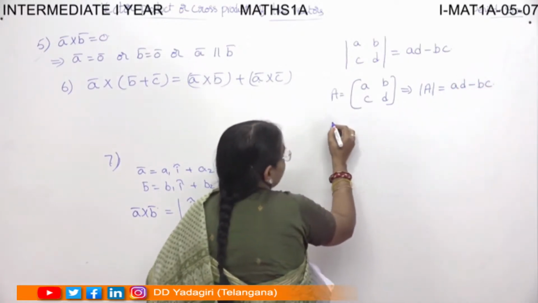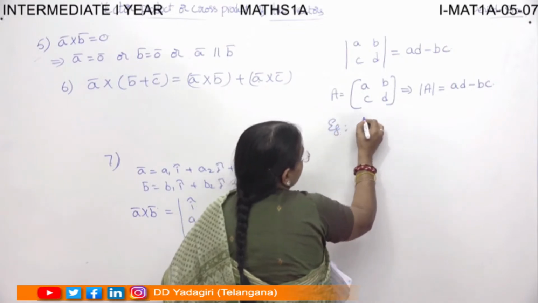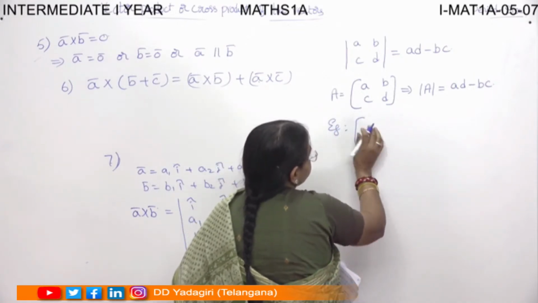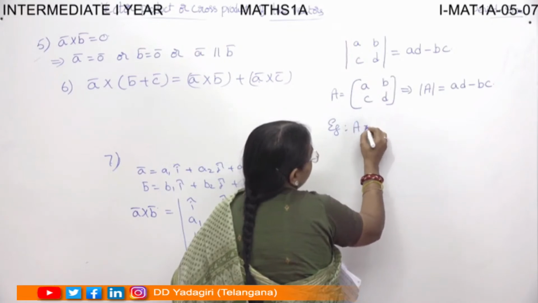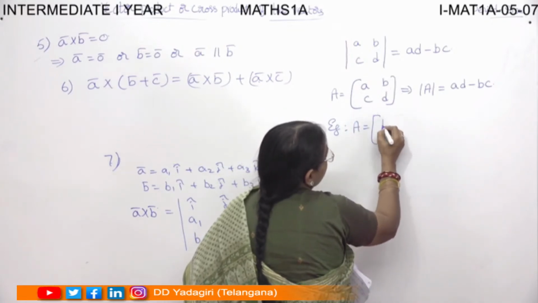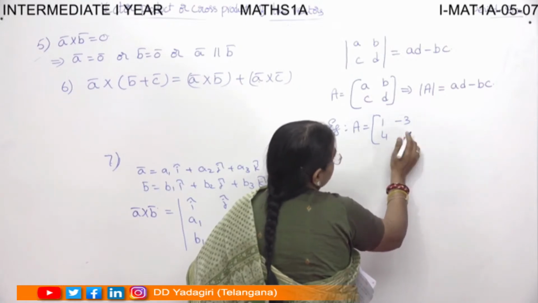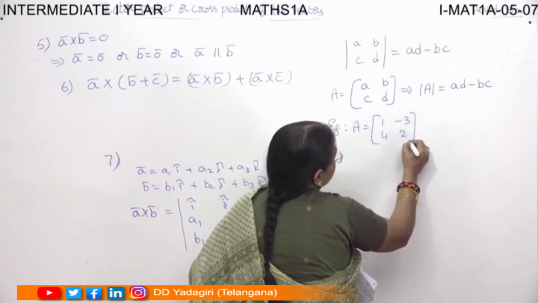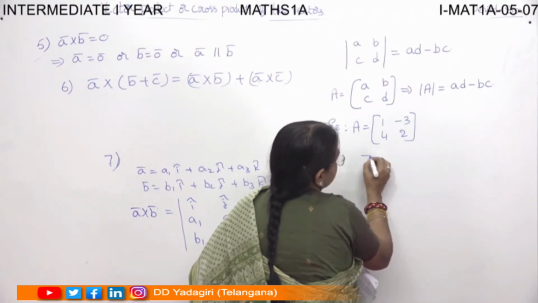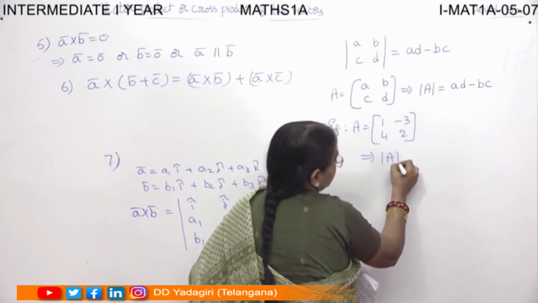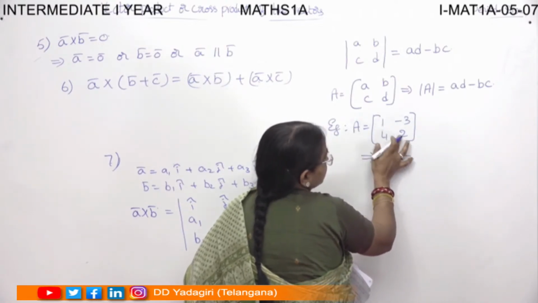Okay. Now we'll take one example. Suppose I have a matrix A as 1, minus 3, 4, 1, 4, 3, 2 like this. Then the determinant of A is just multiply these two values.